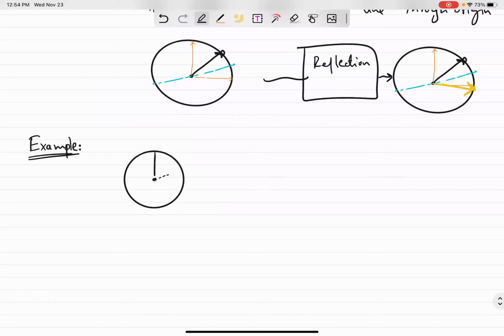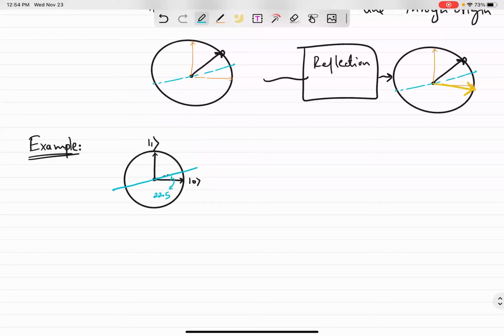Okay, let me draw it carefully. So we have 0, we have 1, and the line that we're going to focus on is the one at 22.5. Okay, 1/4 of the quadrant.